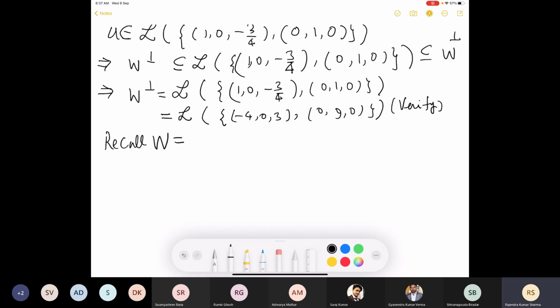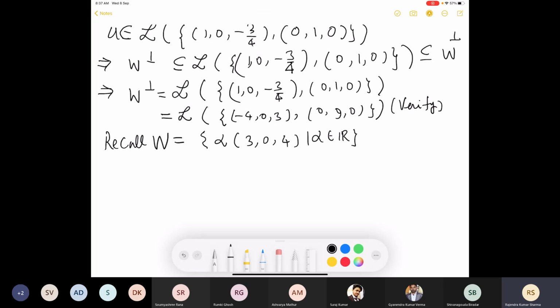Recall W. W was spanned by V1. V1 was (3, 0, 4), and this was alpha times (3, 0, 4), alpha in R. Now what is it? Now this is a line.